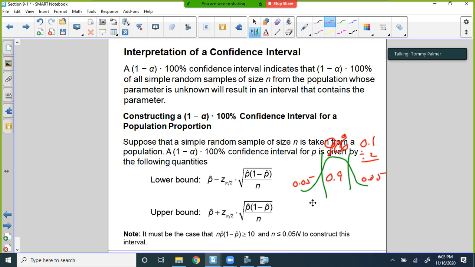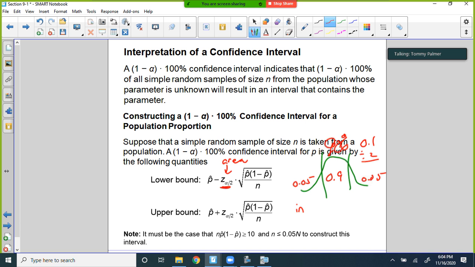Now, our z sub alpha over 2 right here, we're going to find that, right? That's how much is still left underneath the curve. That's an area. Do y'all understand that? So if that's an area, this z is tied to that area. If I draw this right here, then this area is 0.05.